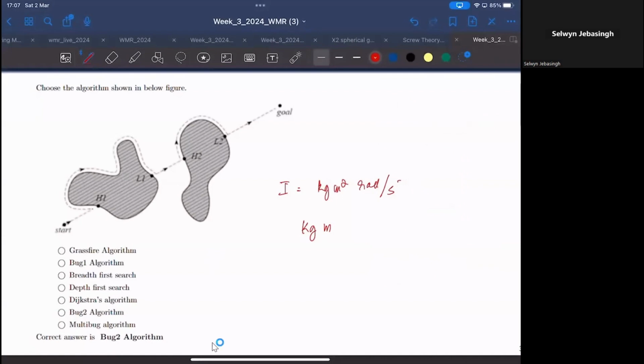So I would be mk square, right? A moment of inertia is mass times radius of gyration square. So the unit of mass is kilogram, and the unit of k square is meter square, right? And torque is I multiplied by omega. So kilogram meter square multiplied by omega, whose unit is radian per second. Is it I omega omega p?